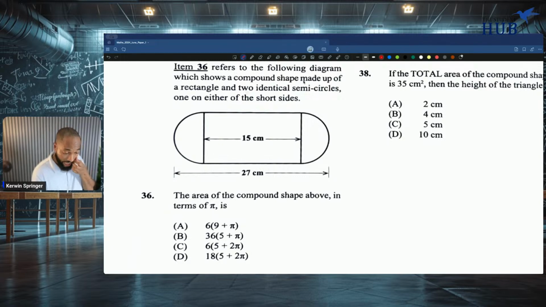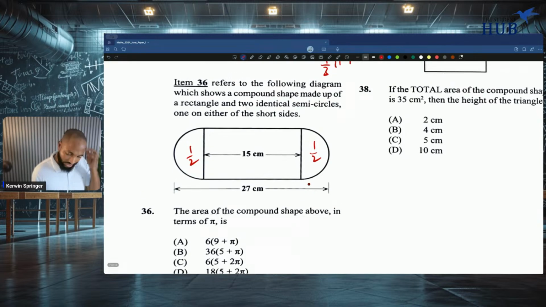This refers to the following diagram, which shows a compound shape made up of a rectangle and 2 semicircles. Find the area of the compound shape. We just want the area of one circle, because half plus a half makes a whole, and the area of the rectangle. If this is 15 and this is 27, it stands to reason that these two pieces add up to 27 minus 15, which is 12.